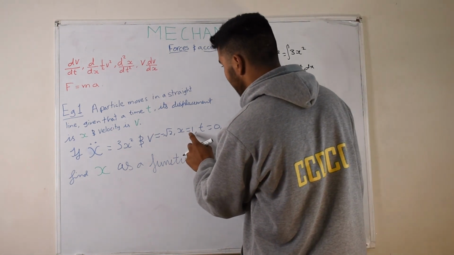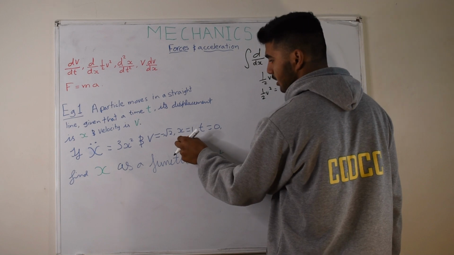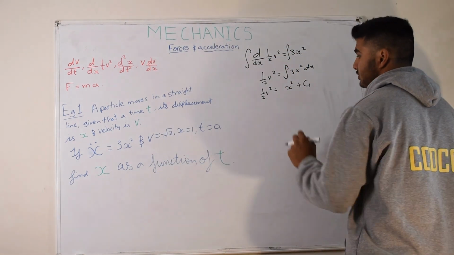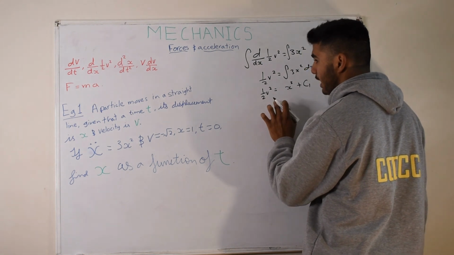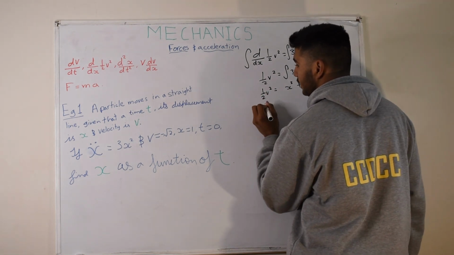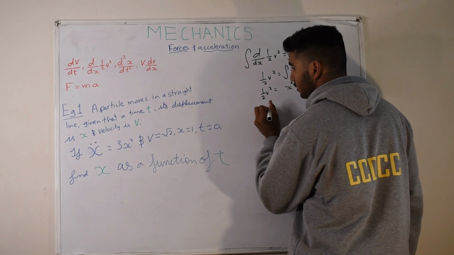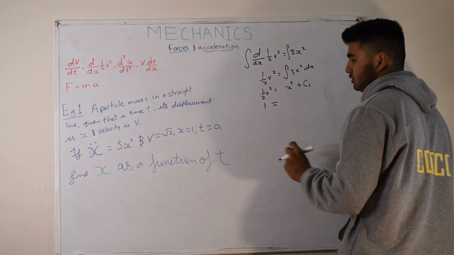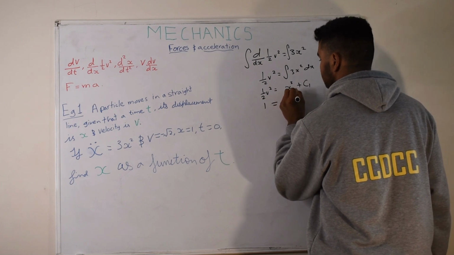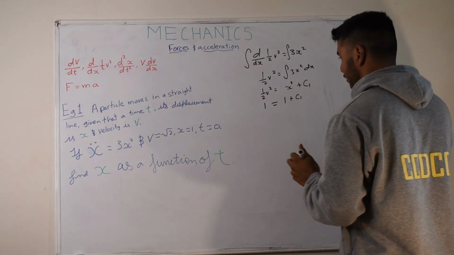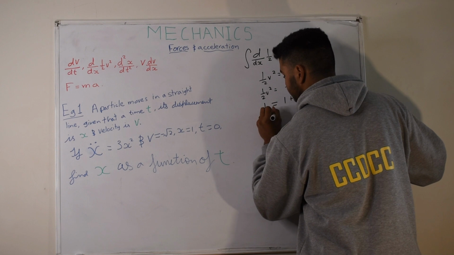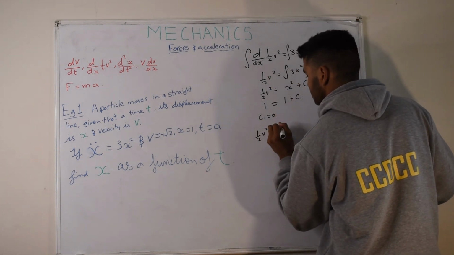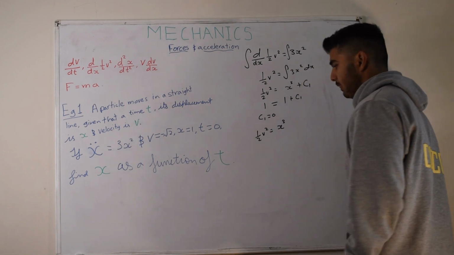In this equation over here, when x equals 1, v equals negative root 2. Sub that in. Negative root 2 all squared would be 2 upon 2, which would be 1, equals x equals 1 plus c1. Therefore, c1 equals 0. Therefore, half v squared equals x cubed in this case.